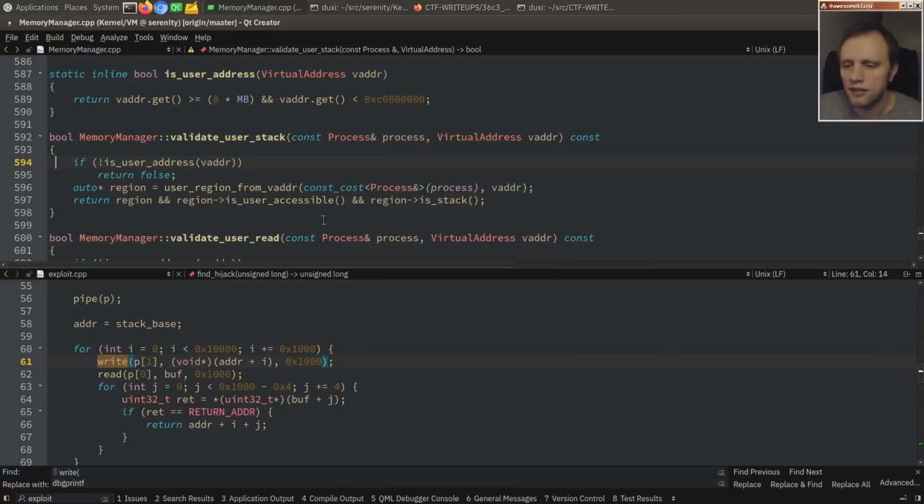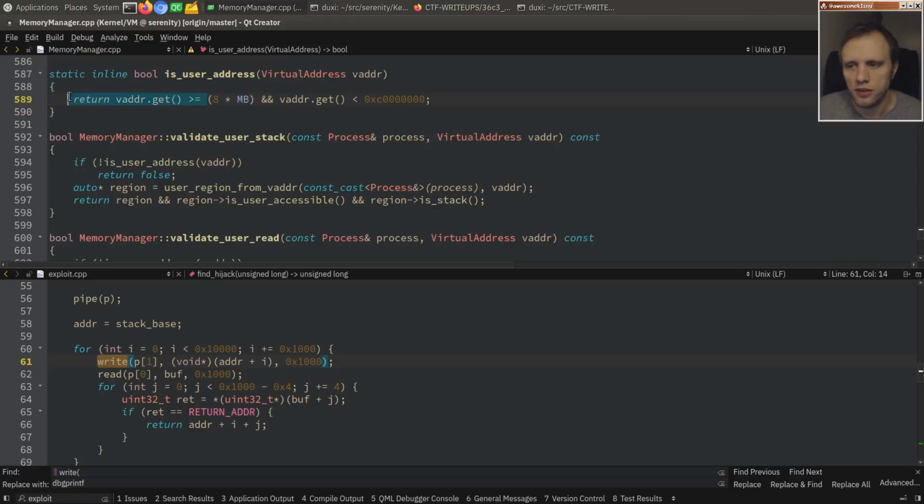And then later on, I went and also added one additional check here, just in case we make some dumb mistake in the future. Then we also do a strict number-based check, because we know that user space virtual addresses should always be between the 8 megabyte mark and below the 3 gigabyte mark. Of course, that's something that's going to change in the future.